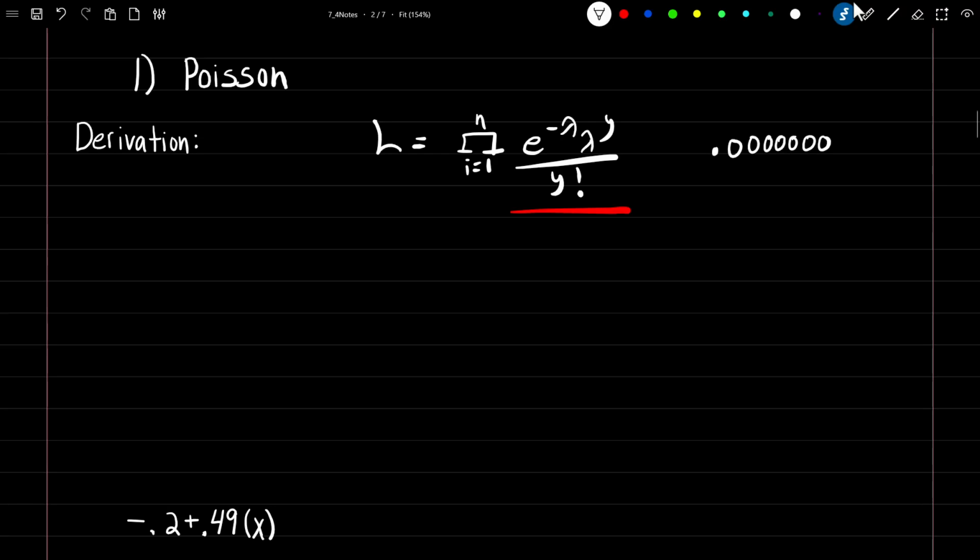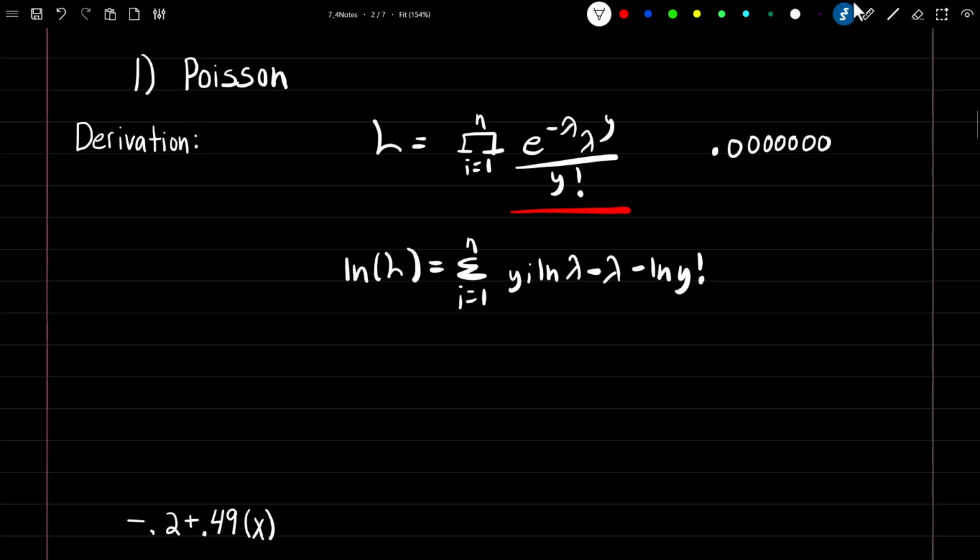So in order to counter this, we want to make this additive. We can do that by taking the log likelihood. So if we take the log of both sides, our formula is now going to be the summation, or additive, of y_i times the log of lambda minus lambda minus the log of y factorial.